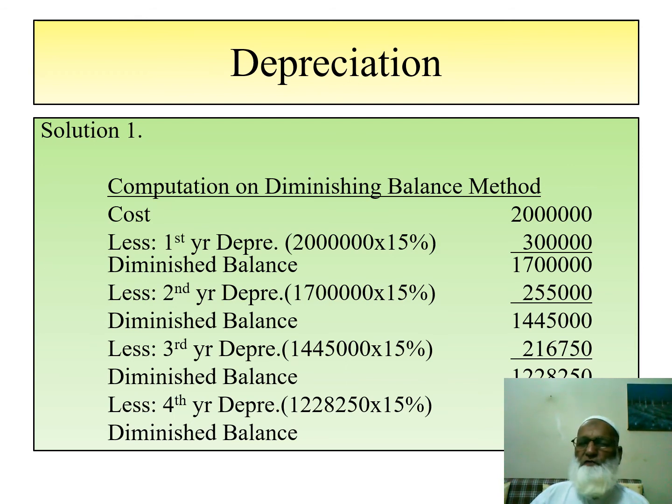Now we calculate the depreciation for the second year. 255,000 is the depreciation, and when it is deducted from 1.7 million, we get a new diminished cost of the truck. Similarly it is done for the third year and the fourth year.